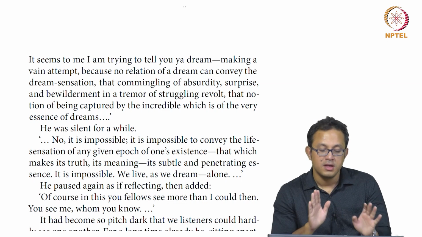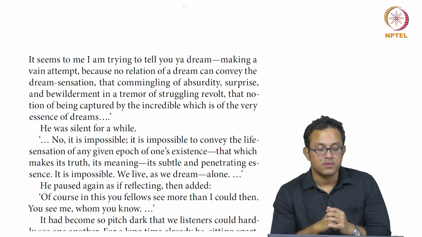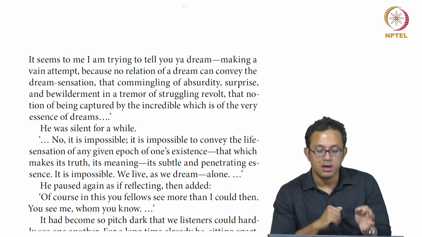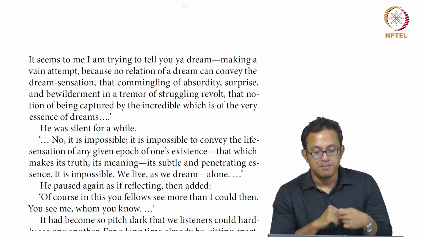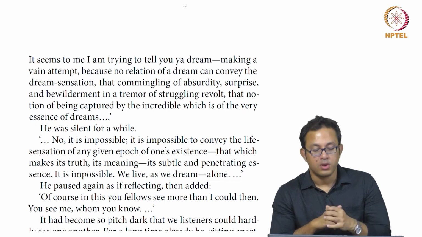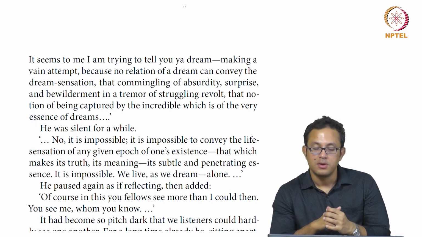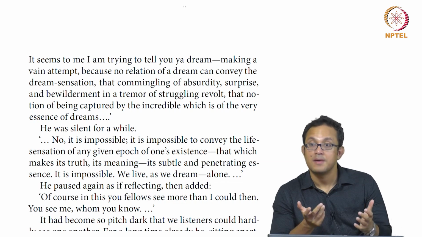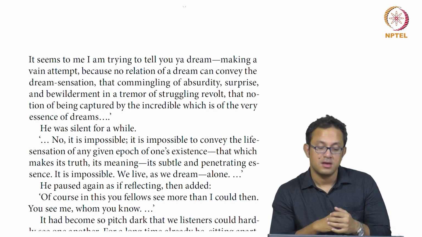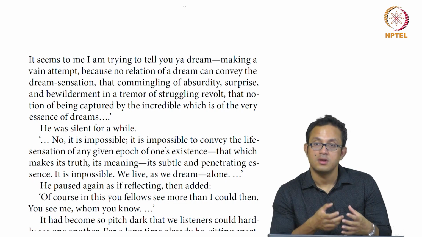It is impossible to convey the life sensation of any given epoch of one's existence, that which makes its truth, its meaning, its subtle and penetrating essence. It's impossible. We live as we dream, alone. So again, this is about the alienation of the storyteller, the loneliness of the storyteller. And Heart of Darkness, in a sense, is about the loneliness of the storyteller.